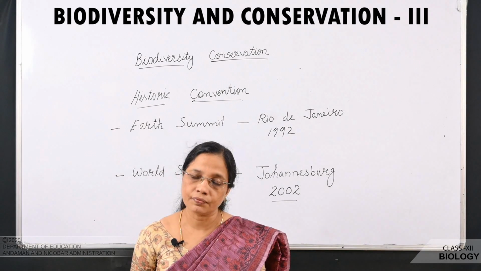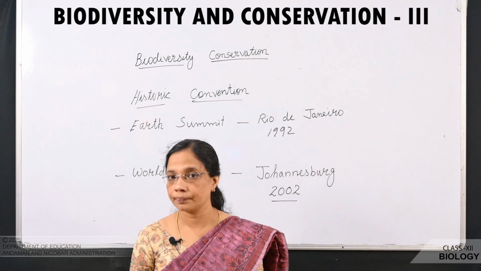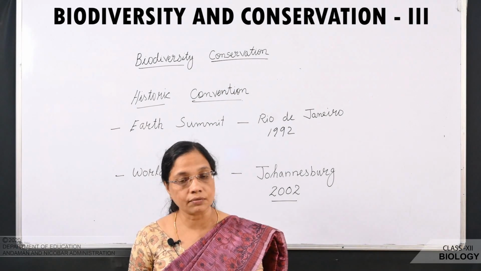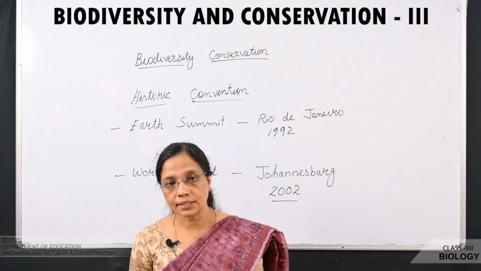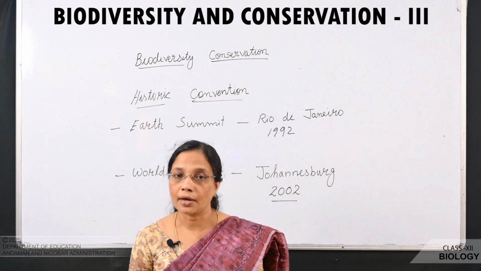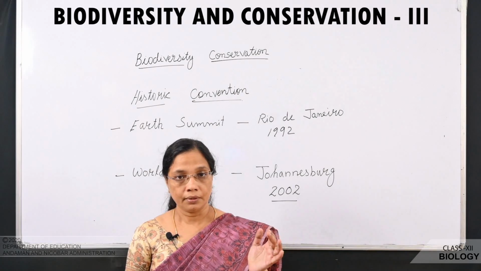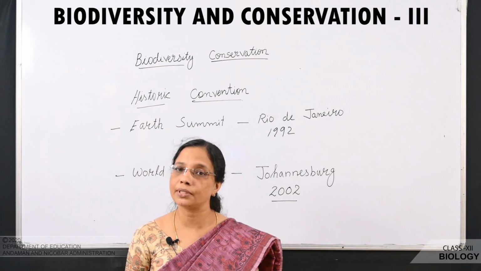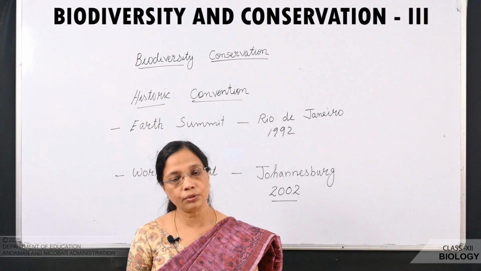Children, in this class we have studied biodiversity conservation. We have studied the reasons why we should conserve biodiversity. The reasons are categorized into three. They are narrowly utilitarian, where human beings derive economic benefits directly from nature.